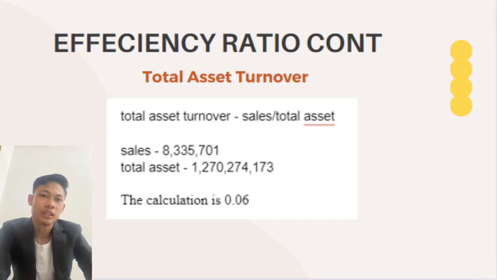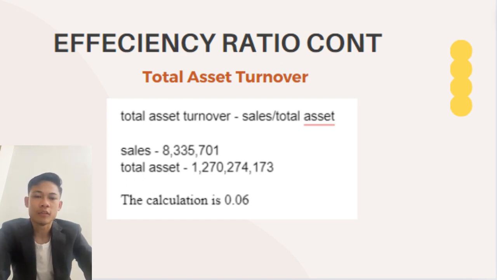So, how to calculate the ratio? For total asset turnover, it is sales divided by total assets.